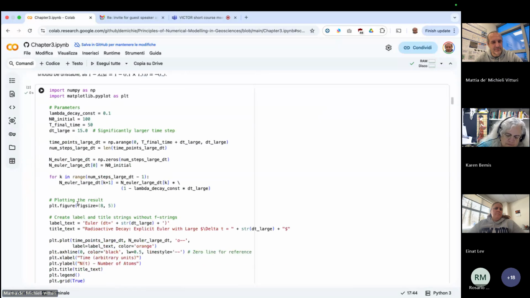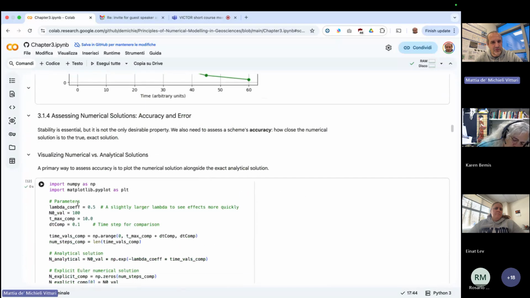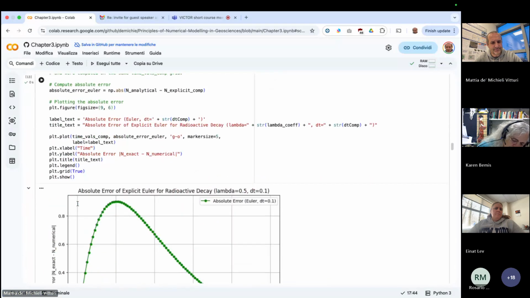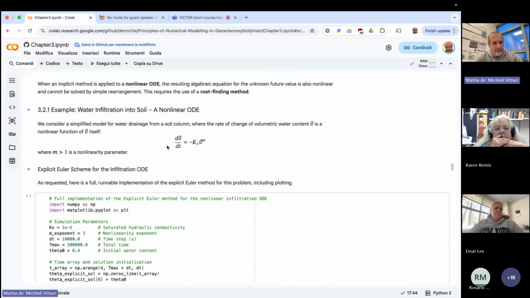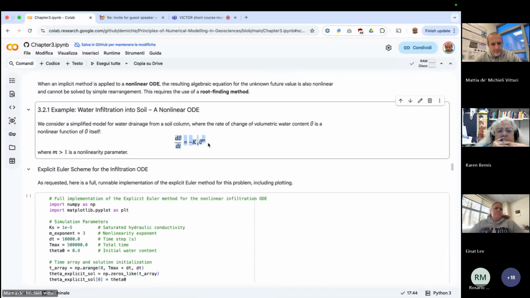Let's continue with our notebook. So this is our equation. So let's try to apply again the explicit scheme, and then we will see that when we want to apply the implicit scheme, it's not as simple as before.